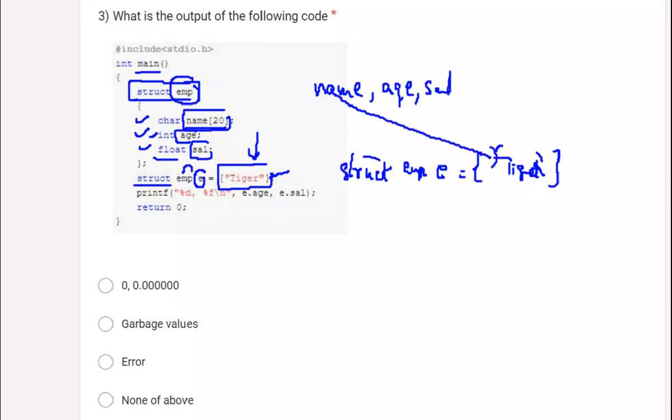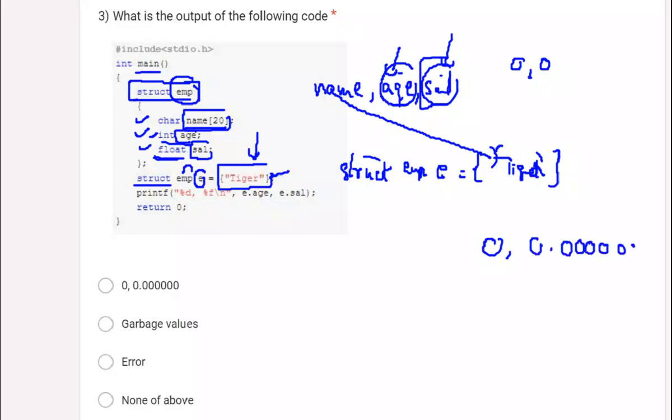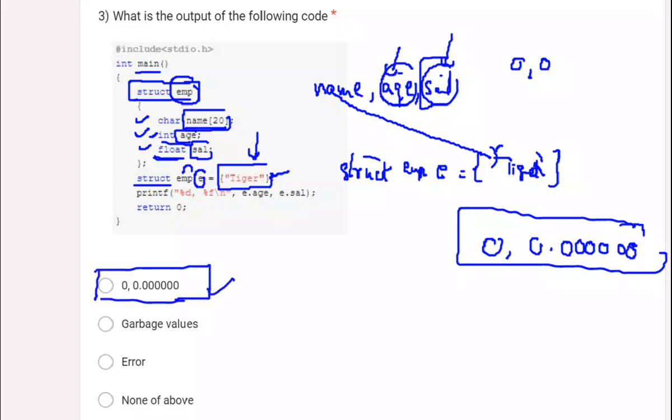I have not given any value to age or salary. So by default, these two will become zeros. Because age is an integer, it will be 0. Because sal is a float, it will be 0.000000. So this is the output of the program. So option 1 is the output.